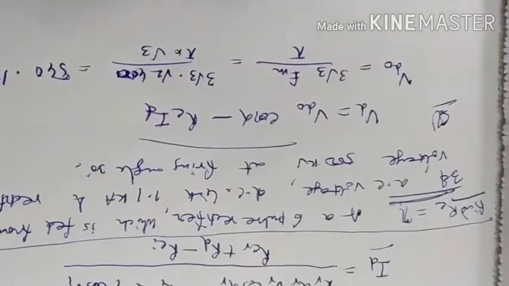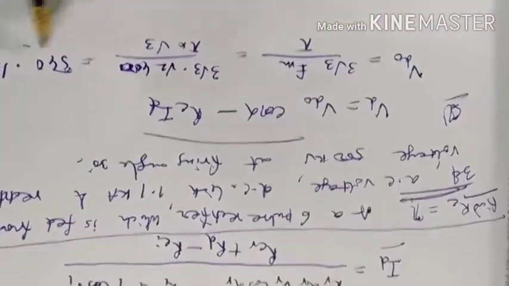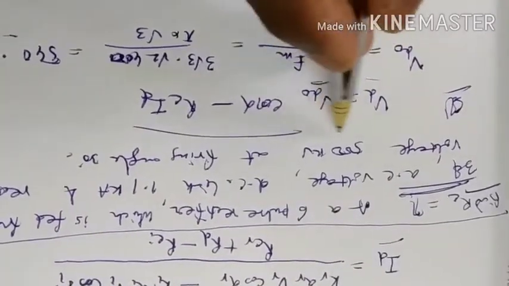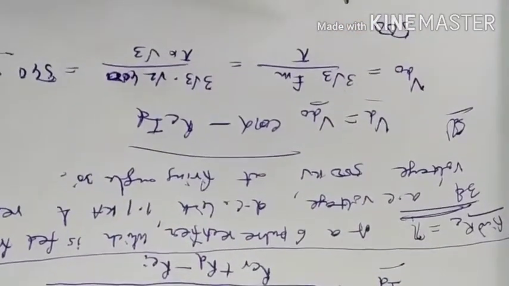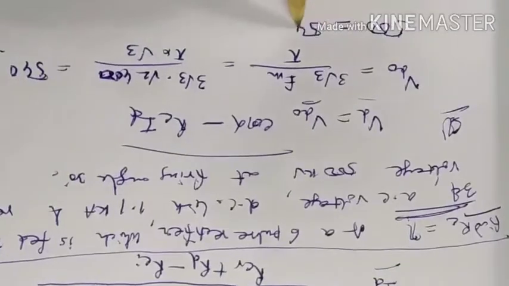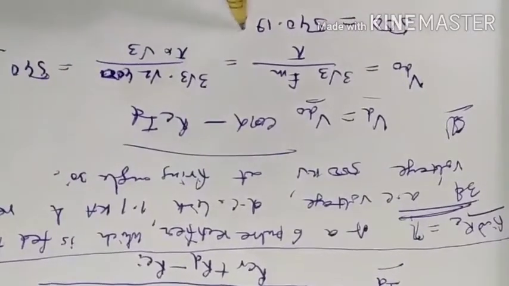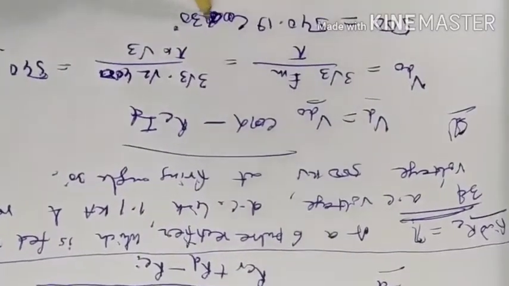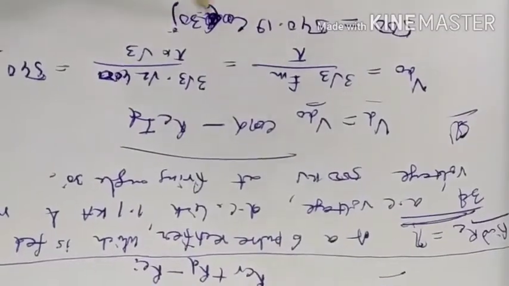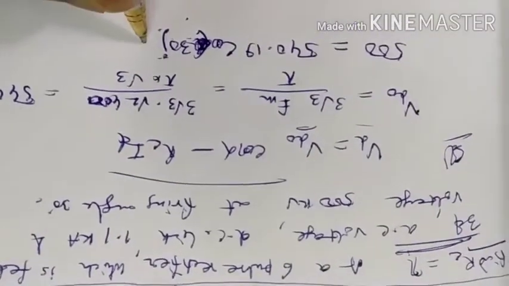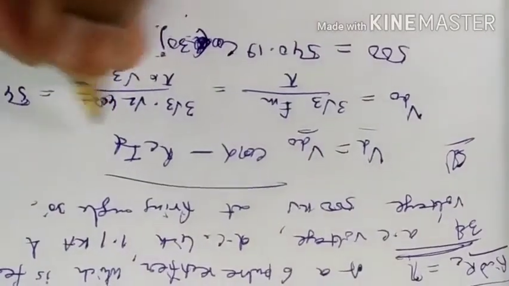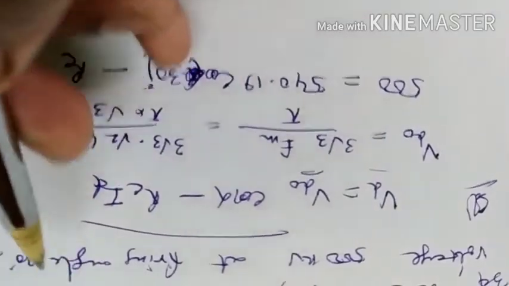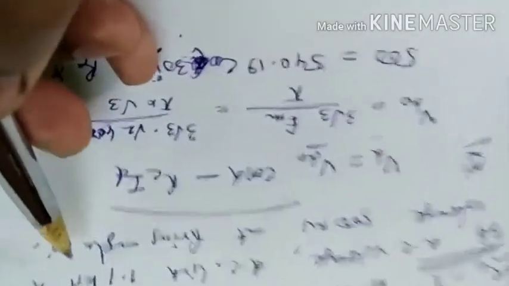So we can put the value of VD0 into the first equation. VD, the rectifier DC voltage of 500 kV, will be equal to 540.19 into cos 30 degrees, the firing angle alpha being 30 degrees, minus RC into ID. The ID value, the DC link current, is 1.1 kiloampere, as given in the problem.